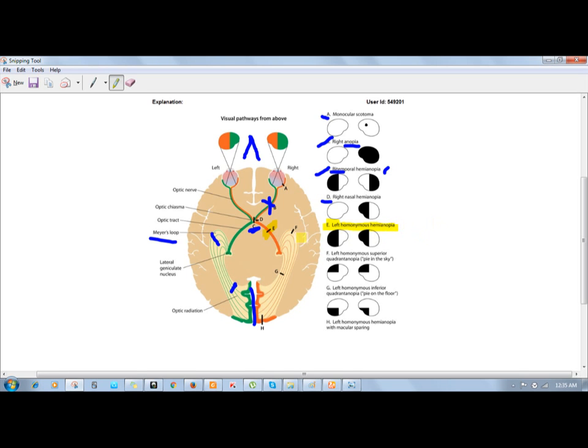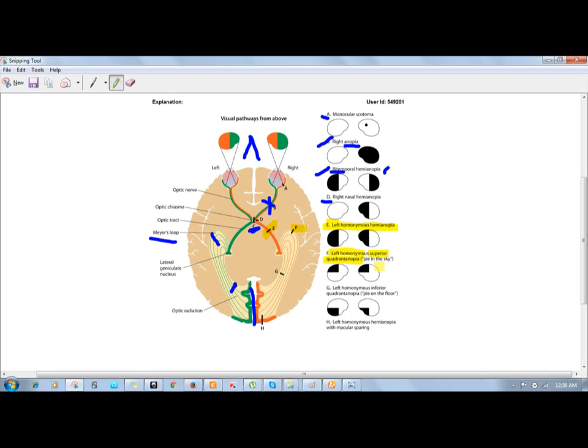And next, you see that there is damage of the Meyer's loop in the temporal lobe, which helps us to see the upper part of the visual field. What we'll have is left homonymous superior quadrantanopia.